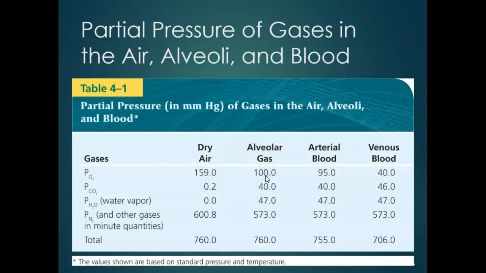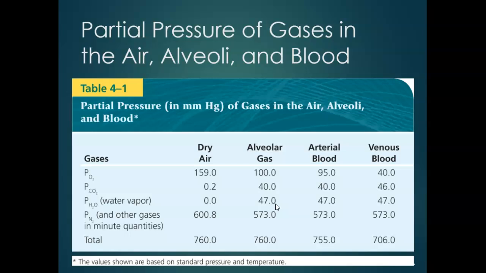And why is that? Hopefully everybody remembers that has to do with the fact that you have this partial pressure of water vapor, right? So that water vapor, as we heat and humidify the gases that travel down into our lungs, is going to affect the partial pressure of the total amount of O2, right?